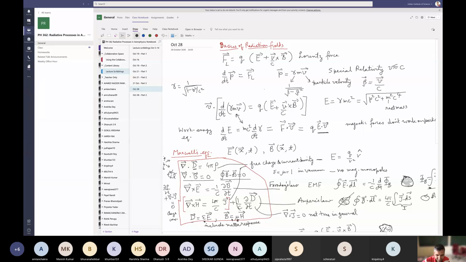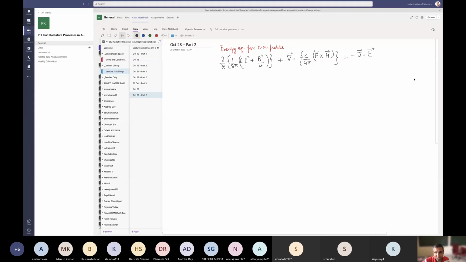We are sort of taking epsilon and mu to be 1. So this will be E·(∇×B). Similarly, if we do a B dot of this equation, we get B·(∇×E), and we can actually use vector identities to combine them and get it in this form.